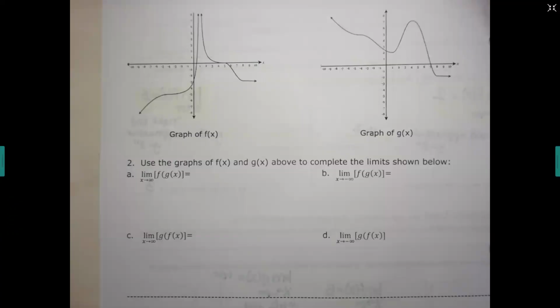Okay, now for the next one, I want X approach minus infinity. Which end is that, left or right? Left. On which graph is in the middle? G, so what's the left end of G? But remember, if it keeps going up forever, it'd be positive, because it's pointed up.